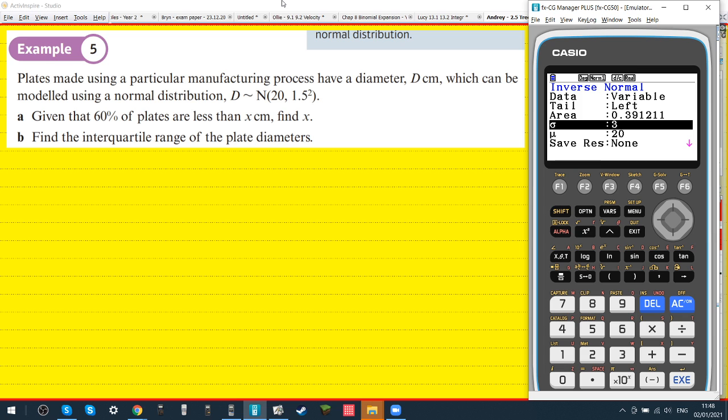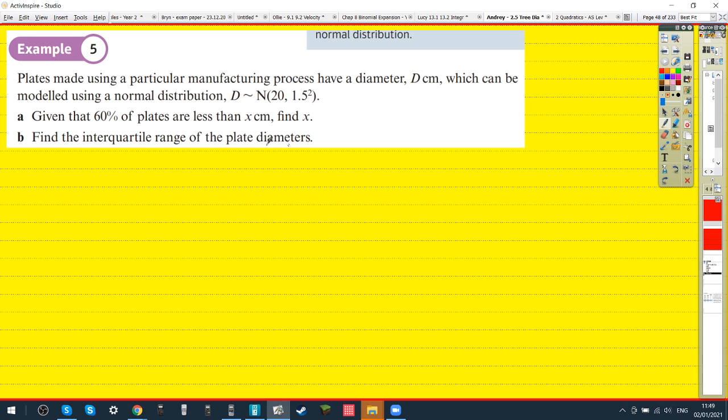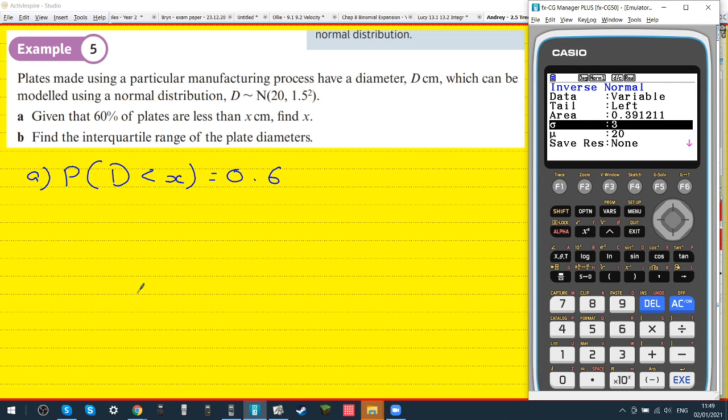Does that mean that the probability of less than x is 0.6? Yep. So is that like x is smaller than, or yeah, d is smaller than x, sorry. Okay, what is x?